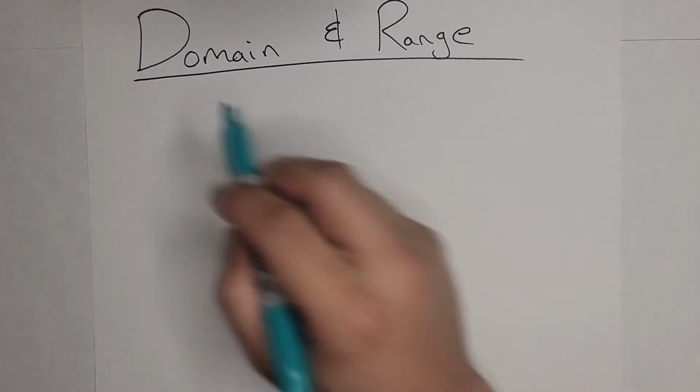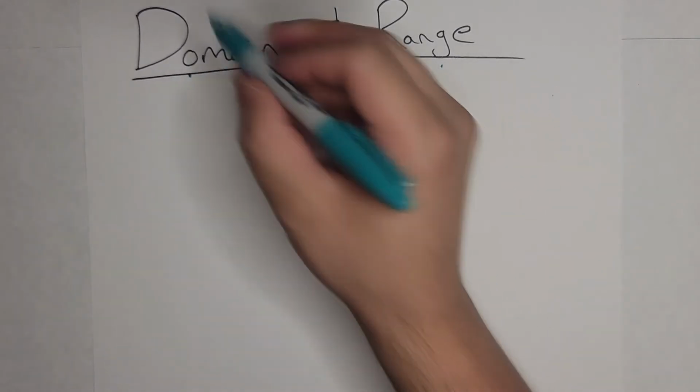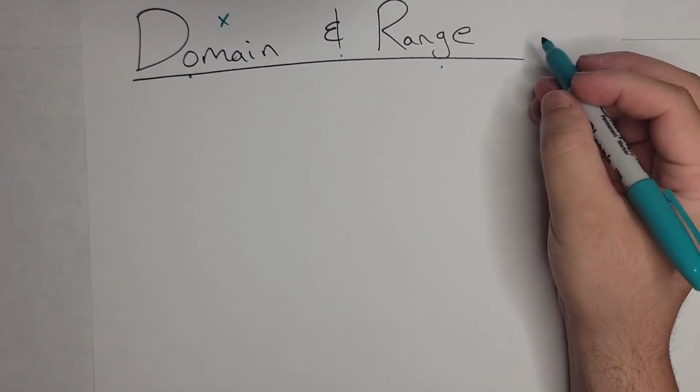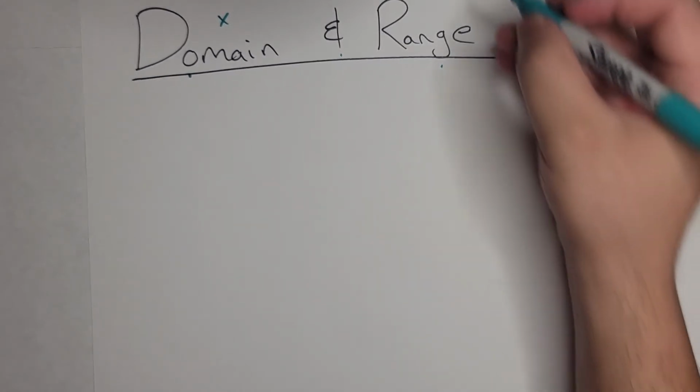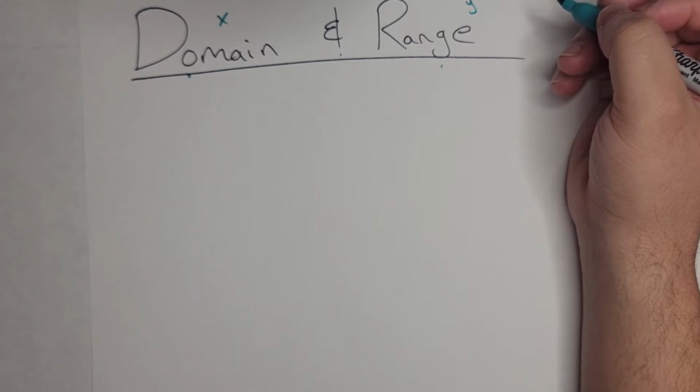Okay, so today we're going to be doing domain and range. So domain basically refers to all the values in the x direction, and range is all our y values.